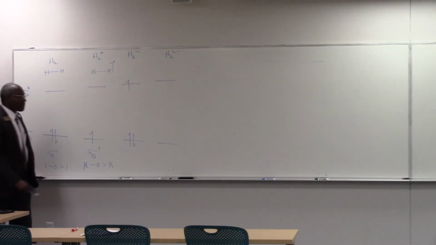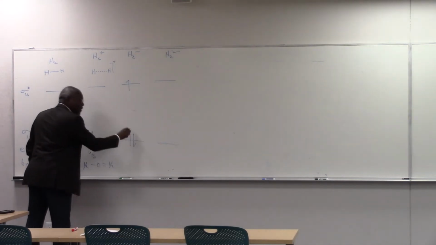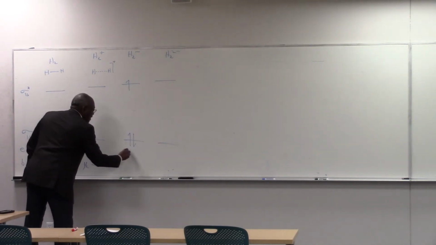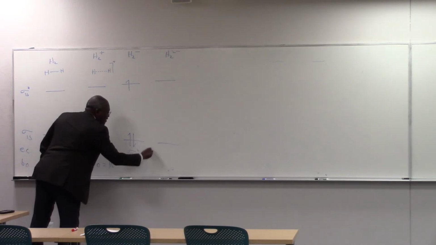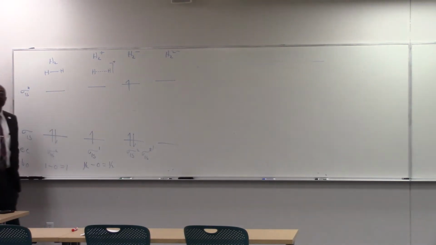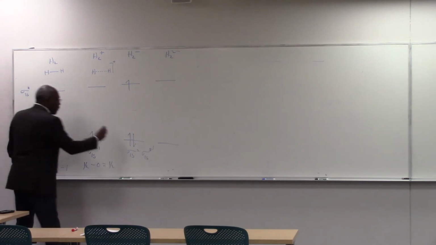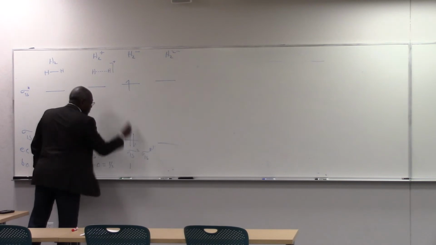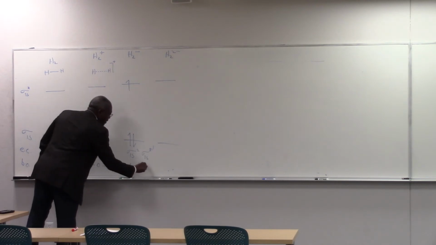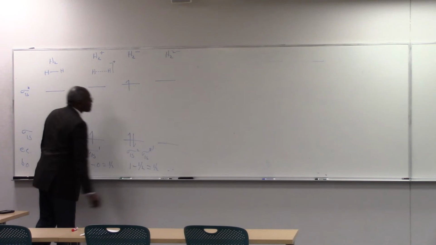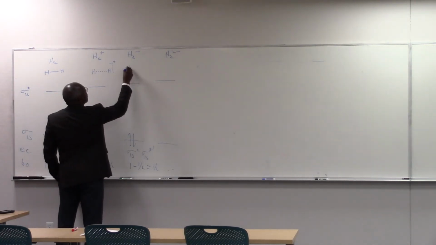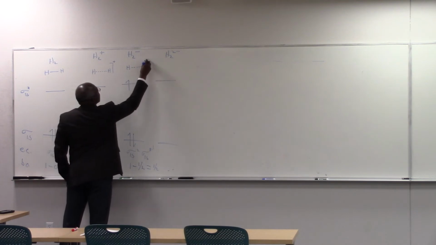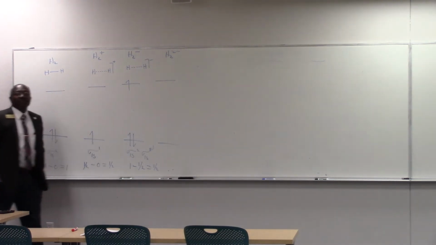So the configuration is sigma 1s2, sigma star 1s1. What's my bond order? It's 1 pair minus half a pair, which is half. So H2 minus looks very much like H2 plus, except the charge has changed.